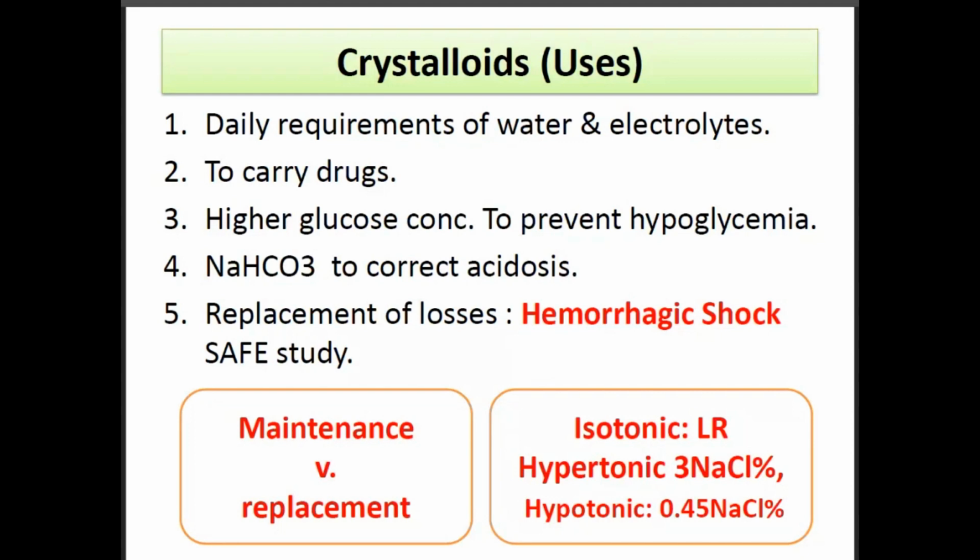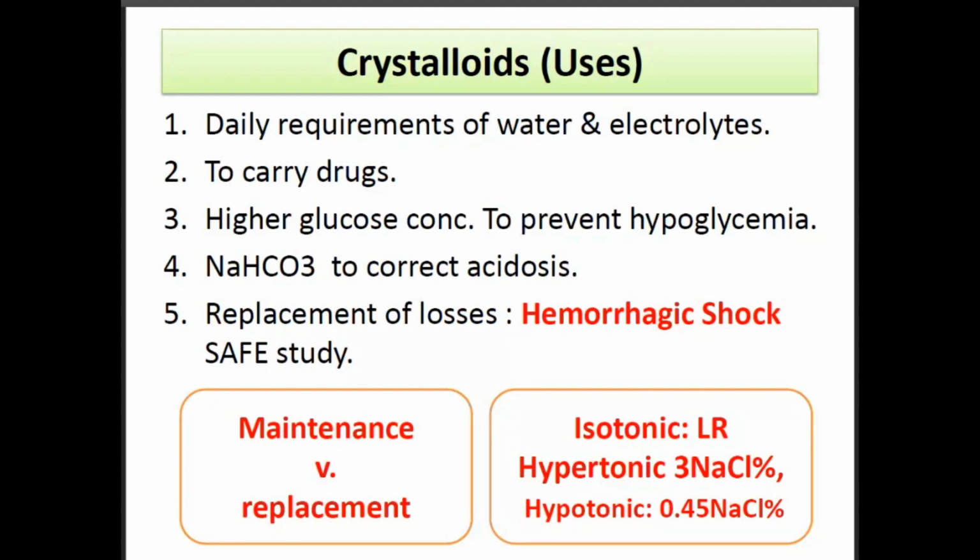You give the patient normal saline, ringer lactate, Hartmann or starch. Sometimes these are crystalloids, to carry drugs. If you have drugs, you can sometimes mix them with crystalloids. Sometimes they have higher glucose, and in patients with low glucose, you prefer crystalloids because they have some sugar.